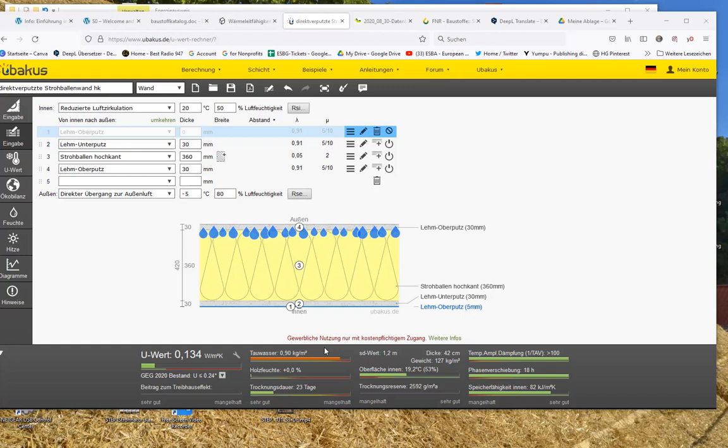But it's important to say that it doesn't take into account other phenomena which are happening in the real structure. The first phenomenon is capillarity, which is a completely different means of how water is transported in the wall.